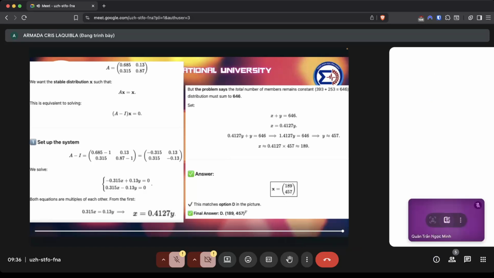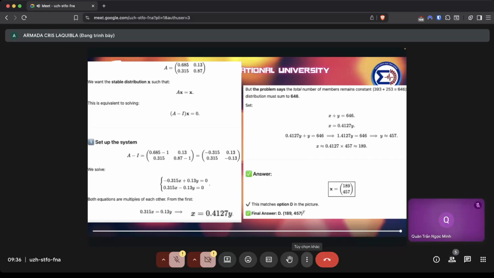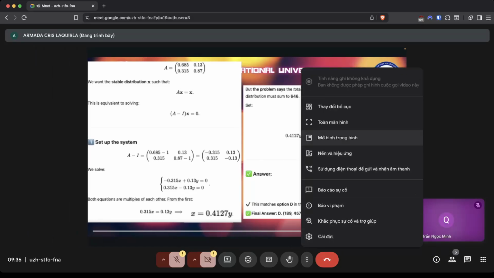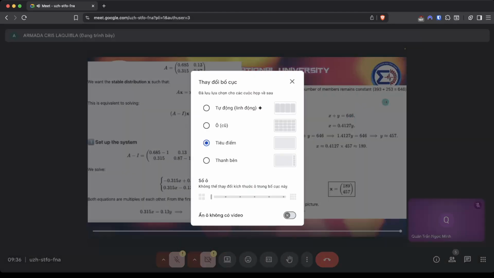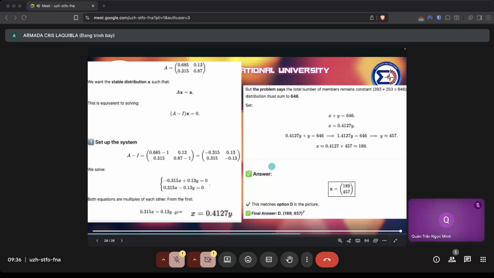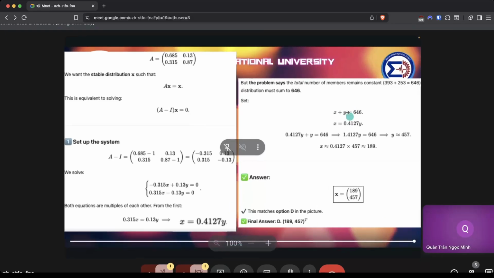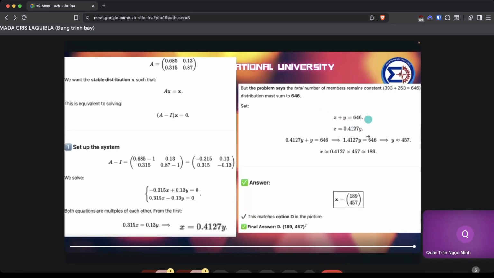The number who will contribute is not the same as the number who will not contribute every year. So we can let x plus y equal 646, because x is the number who will contribute and y is the number who will not contribute. Okay, so x plus y is also equal to 646.